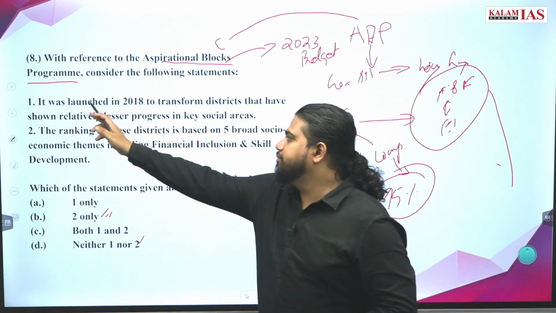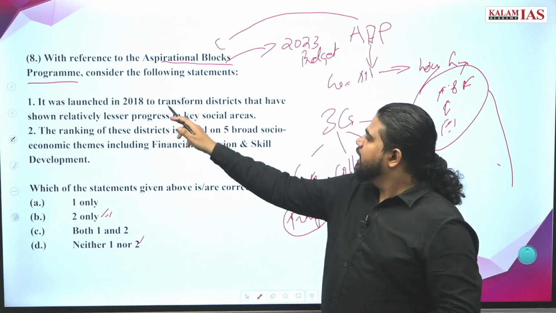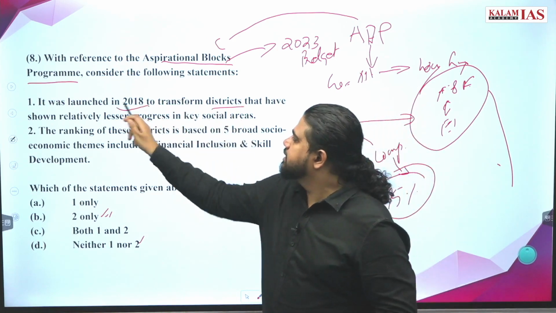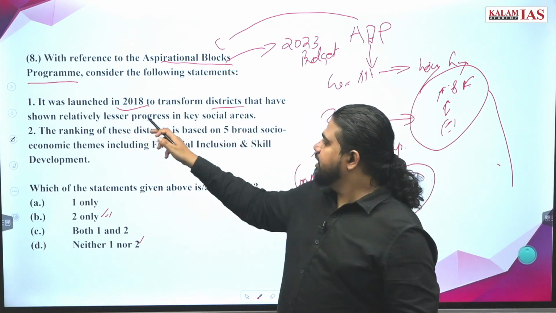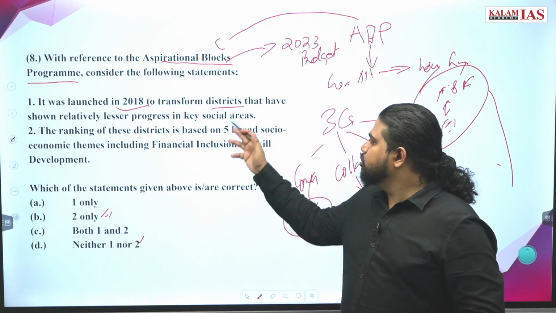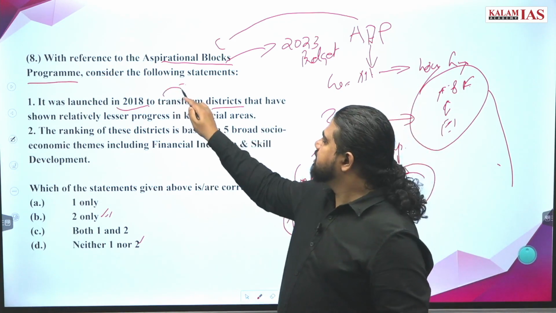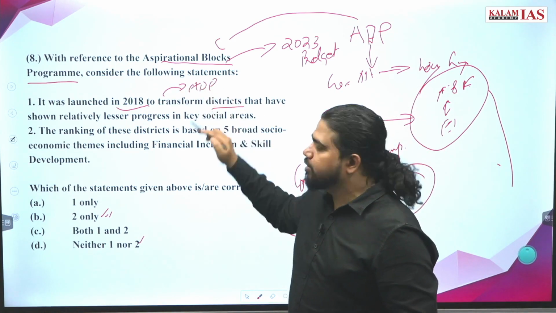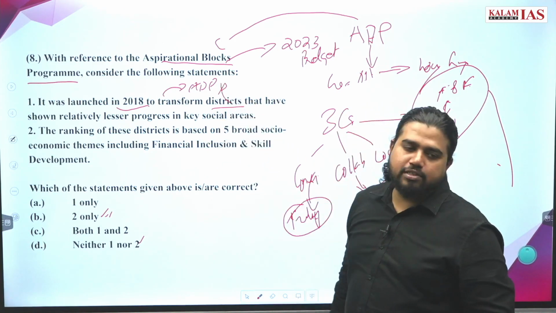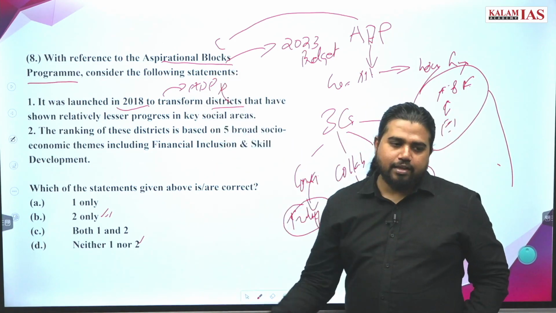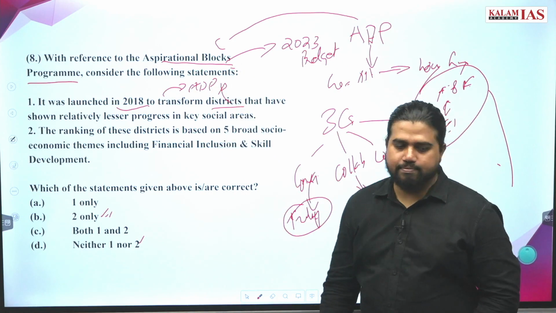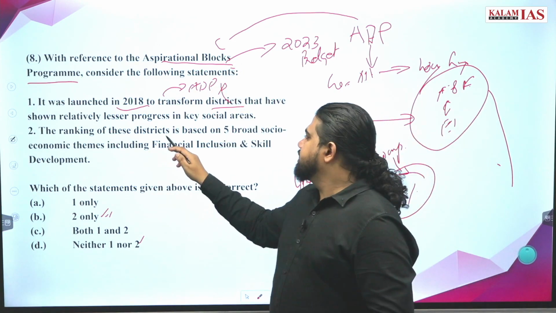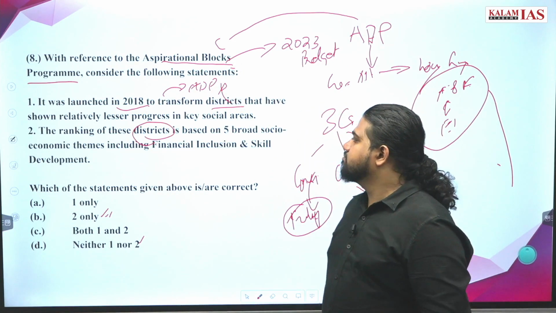Now let's try to answer the first statement. It was launched in 2018 to transform districts that have shown relatively lesser progress in key social areas. This is a very much correct statement with respect to the aspirational district program, not the aspirational blocks program. This has been launched in 2023. Ranking of these districts, again, is controversial.